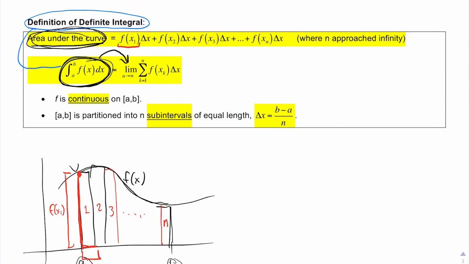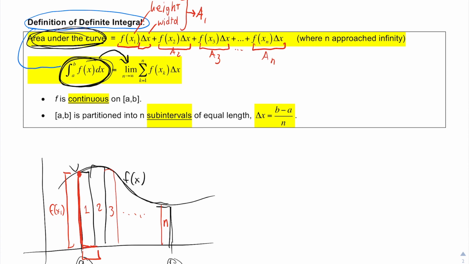And right here is your delta x, your width. All of that is the area of rectangle 1. And so you keep going. This is rectangle 2, rectangle 3 area, keep going until the final rectangle, right? So that's what it means.